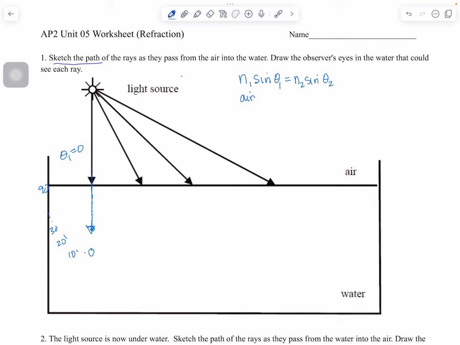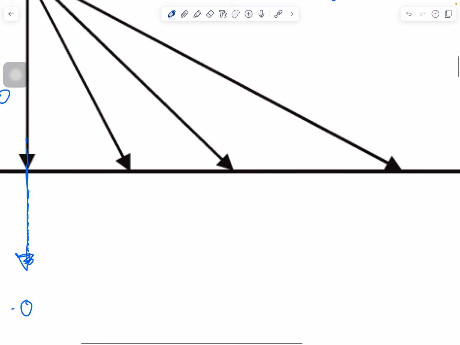All right, so the first thing we do when we are trying to figure out where this ray goes is draw the normal. I'm going to go in a little bit closer. The question is, if I'm going from air into water, so from lower to higher optical density, is my refracted ray going to bend towards the normal or away from the normal? The answer is it's going to bend towards the normal.